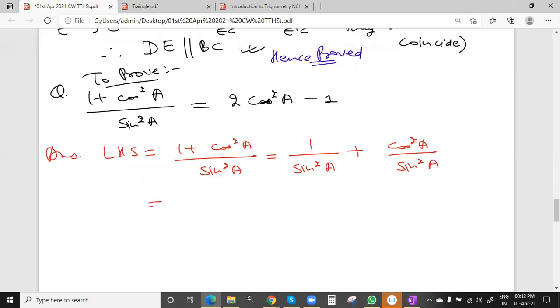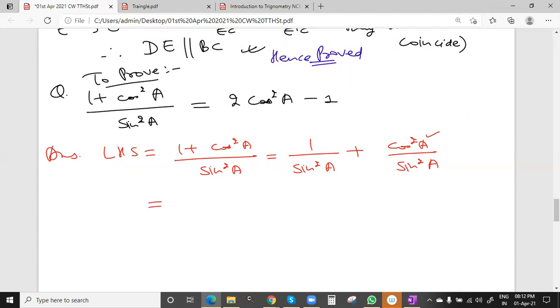So 1 by sine square A. See, we can write 1 by sine square A as cosec square A, but I will not prefer that, because this will be cot square A and 1 by sine will be cosec. We'll avoid those things.